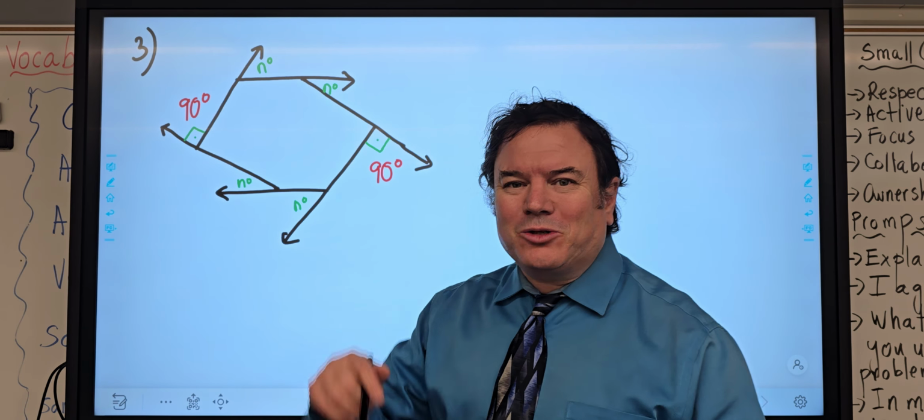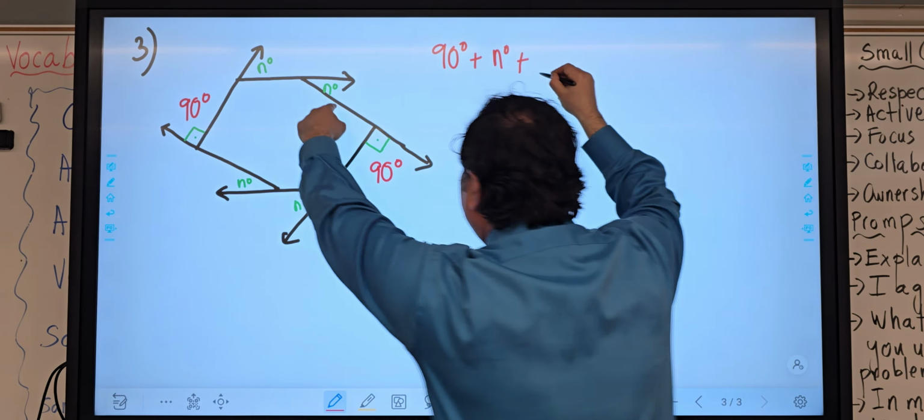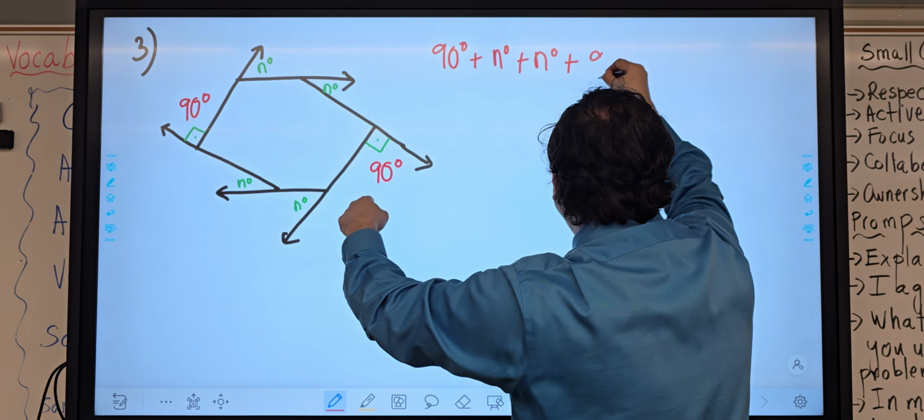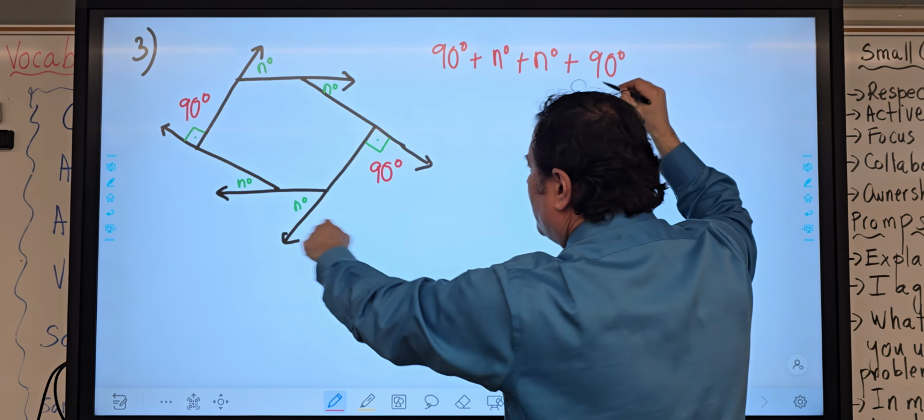So we have, let's start with this one first. 90 plus n degrees plus another n degrees plus 90 degrees plus n degrees plus another n degrees, and everything should equal 360 degrees. And let's see what we get now.